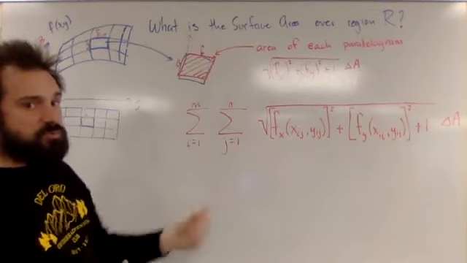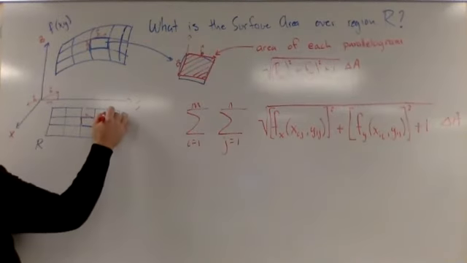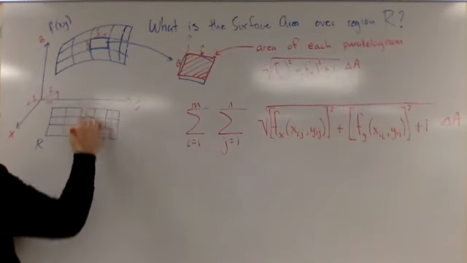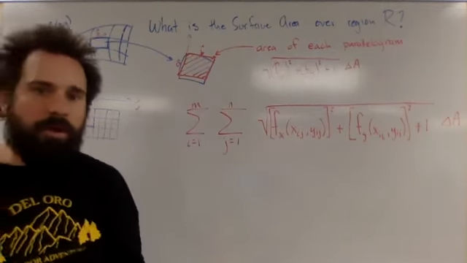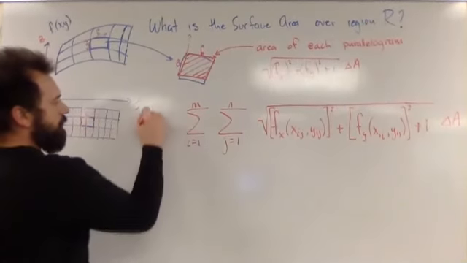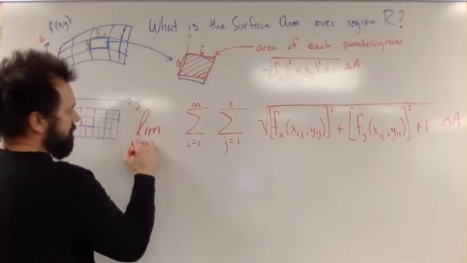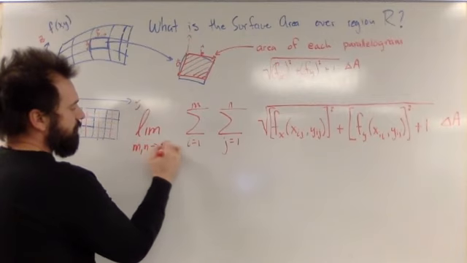The way that those get smaller is, well, I need to have more of them, right? So if I cut more of them this way and more of them this way, that's going to make this smaller, which means I'm going to have less error, right? It's going to be a better and better approximation. So I'm going to take the limit as m and n go to infinity.